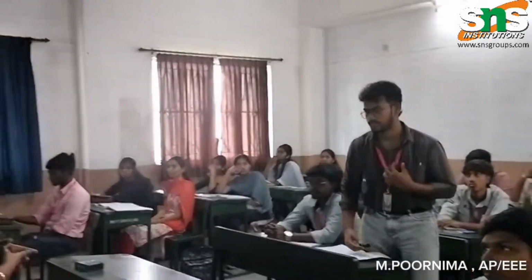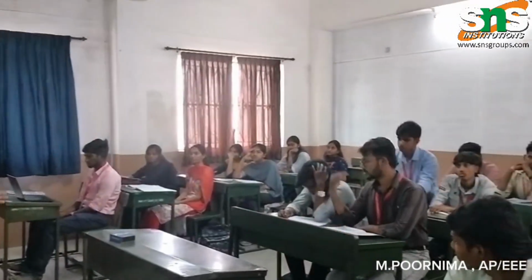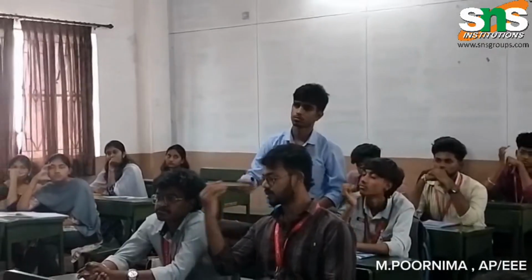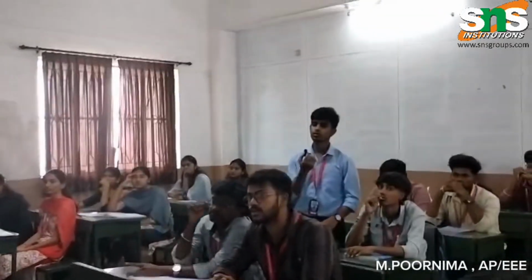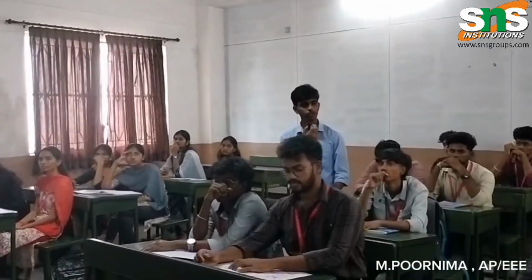Okay. So finally, we are going to summarize this. Who's going to summarize this? Any volunteers? Here we saw about grounding and how it is implemented in power systems, and now we are going to see the summary.